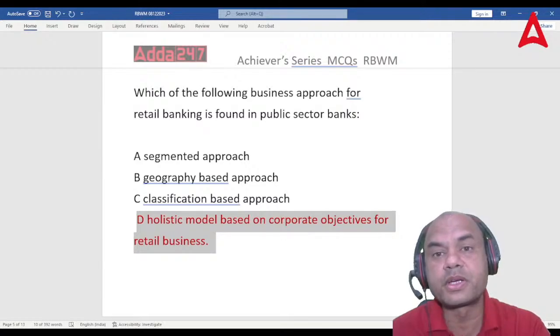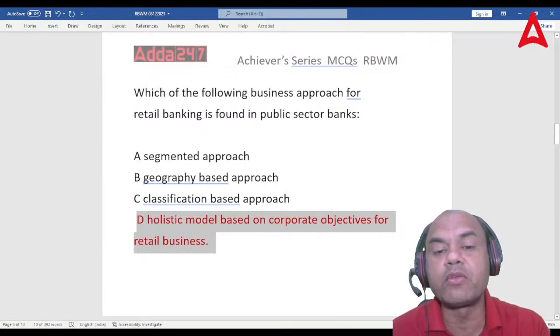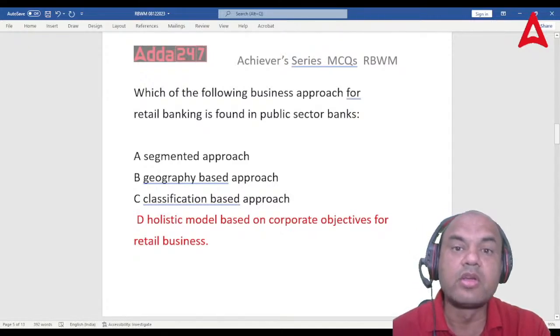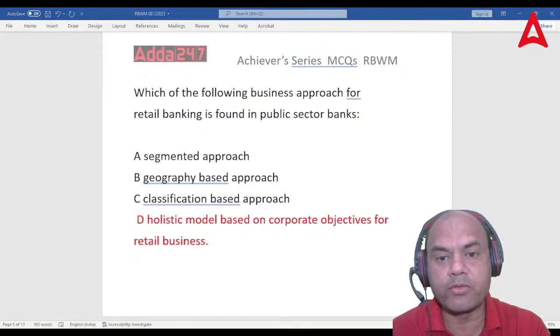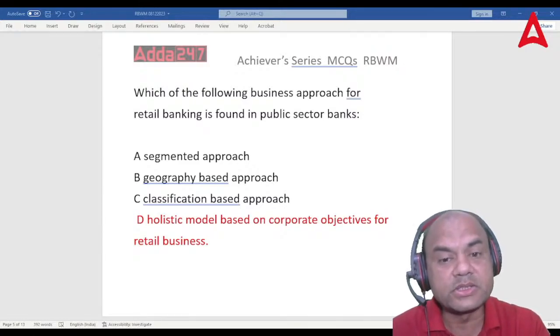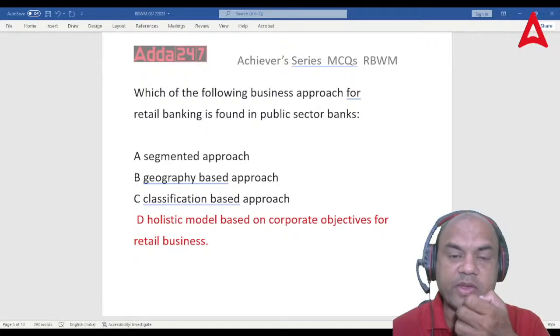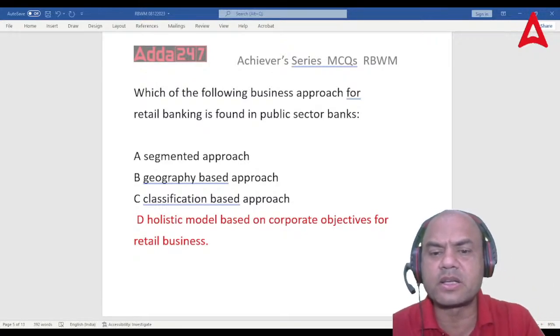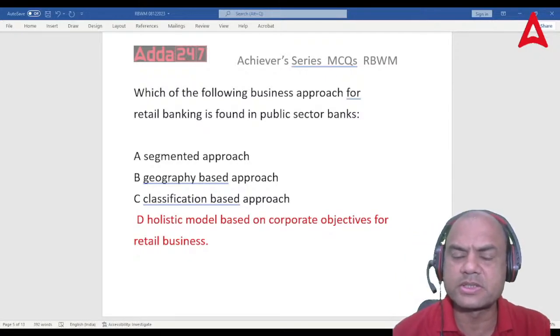So what are corporate objectives? Corporate objectives means where I want my bank to be in coming years, what should be my net profit. That is my corporate objective. Based on that, I'll change my classification, I'll change my geography. Wherever the branches are not working, I'll shift those branches.